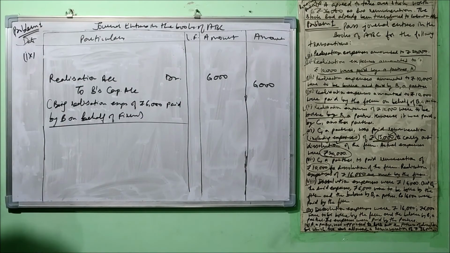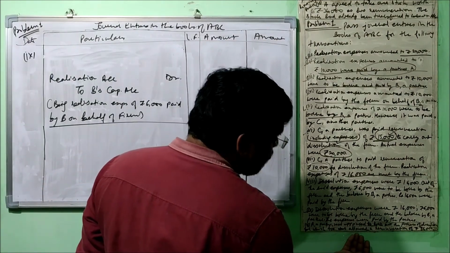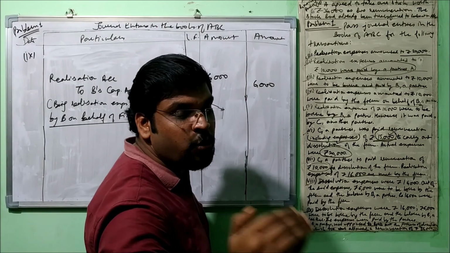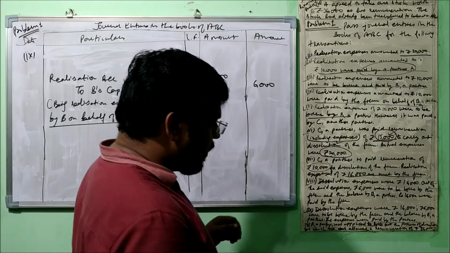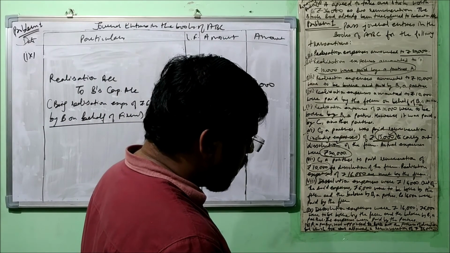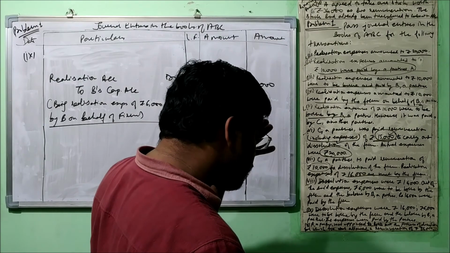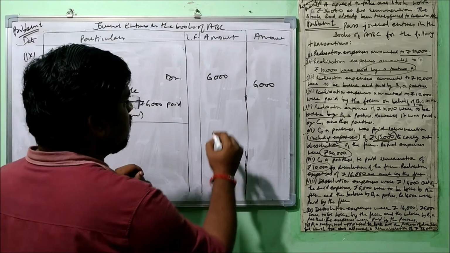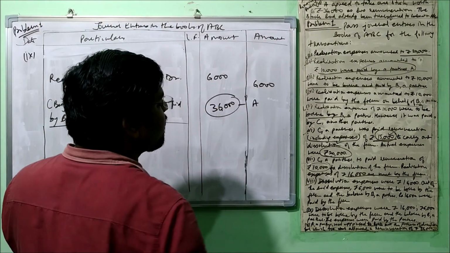Now let's move on to transaction number 10. But here I had a space problem, so the remaining part of the question is written here. You can go back to the slide and see the question properly. I will just read it out. A partner was appointed to look after the process of dissolution, for which he was allowed a remuneration of rupees 36,000. So there is a partner, he was given 36,000 as remuneration.